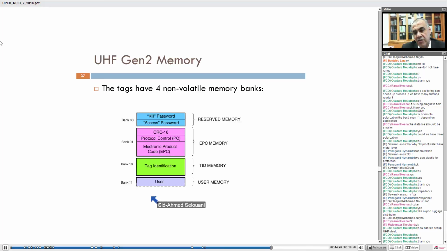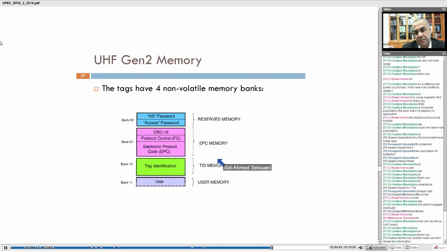We call these regions or zones banks: bank 00, bank 01, bank 10, and bank 11. The bank 11 is the user memory. This memory is inside the UHF tag.